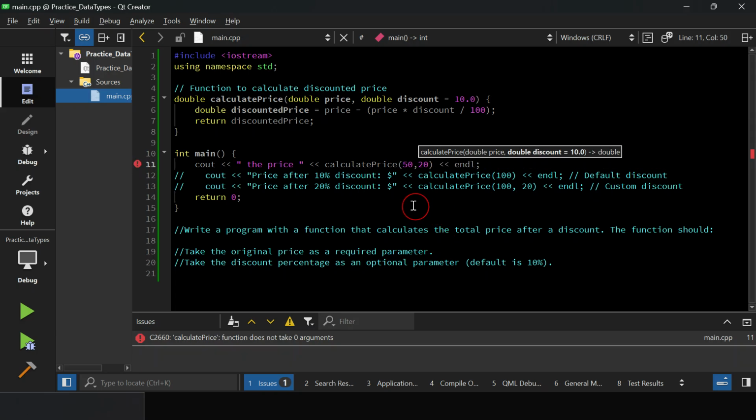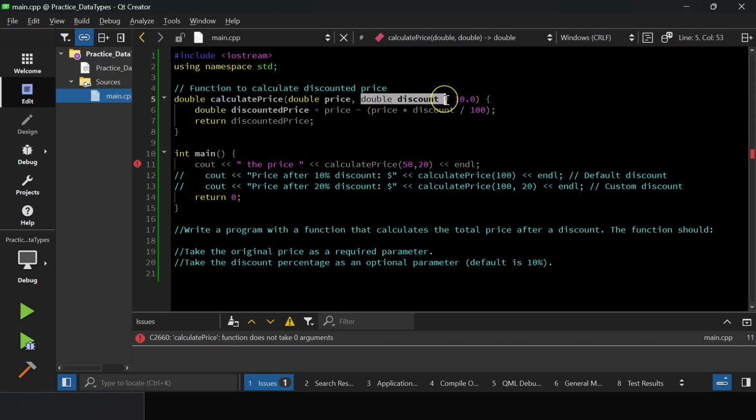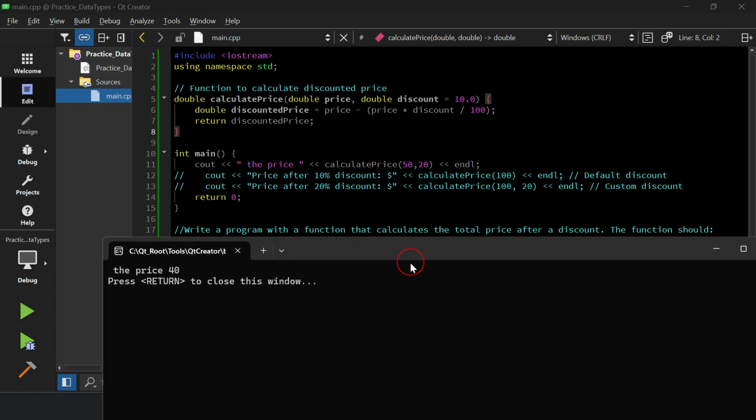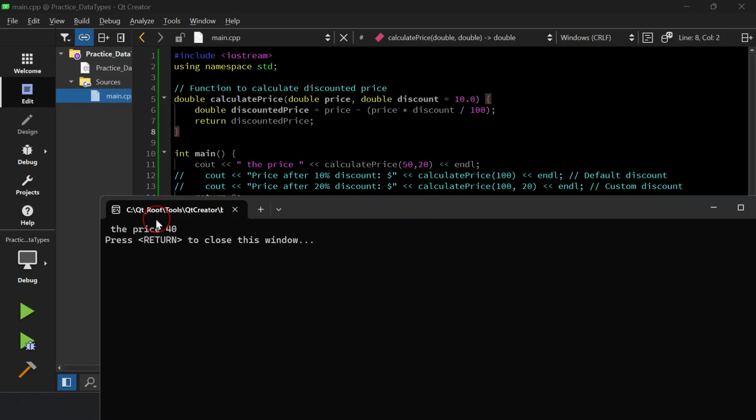In this case, I'm going to put 20. So 20 is going to be set to the discount instead of 10. Why? Because the second argument is an optional argument. How do I know that it's an optional argument? There is an equal sign here. Let's compile again. You see, with 10% we had the output of 45. Now with 20%, we have the output of 40.